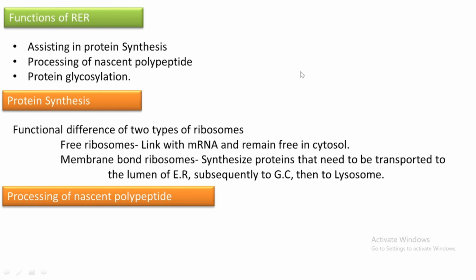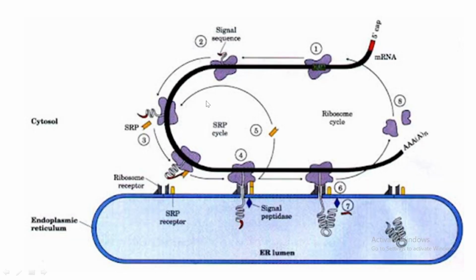Next, we are going to see the processing of the nascent polypeptide: how the newly formed polypeptide enters the lumen of the endoplasmic reticulum, and what modification happens to it. In this picture, this black line is the mRNA.